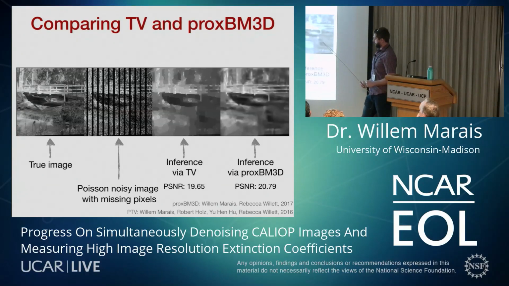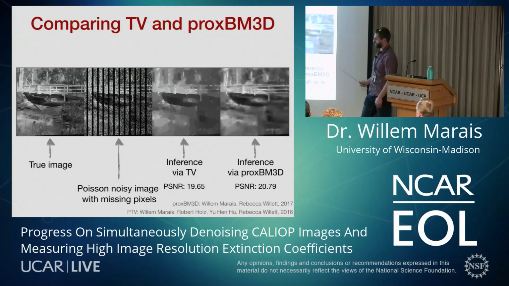So even though this methodology, ProxBeam 3D, has a high performance compared to total variation inference or denoising, it comes with restrictions. To get a little bit technical, the objective function that you're trying to minimize with total variation inference is well defined, and if you minimize it, then you know whether you reached either a local minimum or a global minimum.